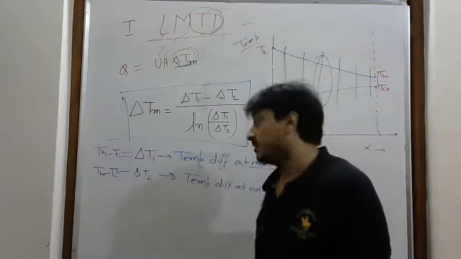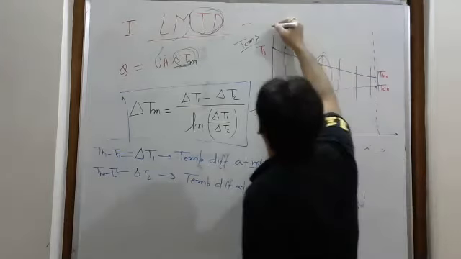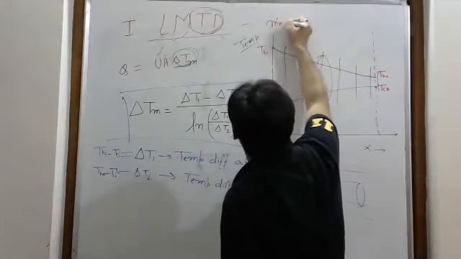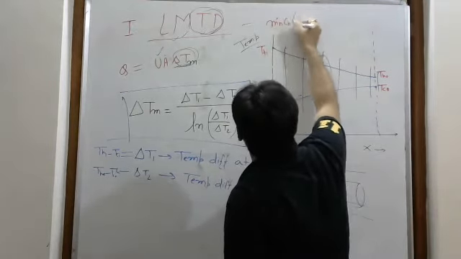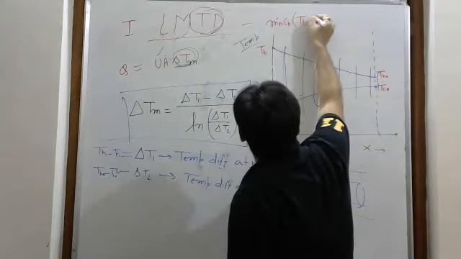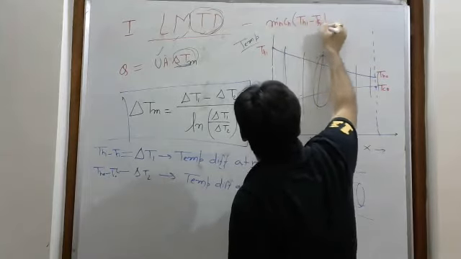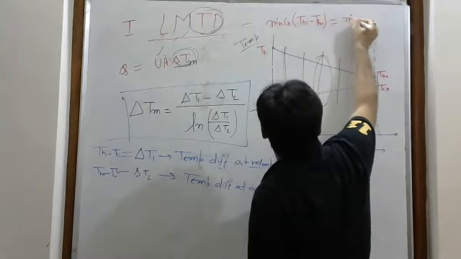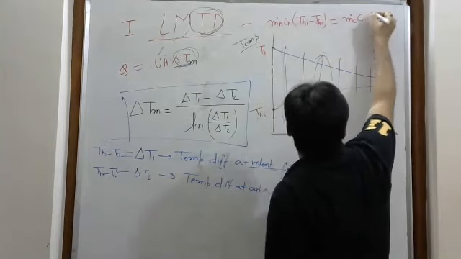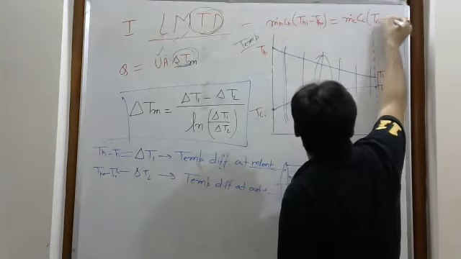From that you write: mass flow rate of hot fluid into heat capacity into Thi minus Tho equals mass flow rate of cold fluid into heat capacity of cold fluid into Tco minus Tci.